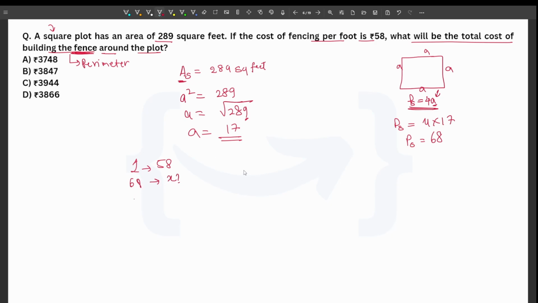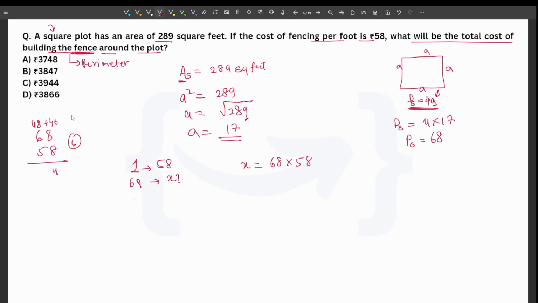Okay, so just again, what you need to do, x is equal to 68 into 58. Again, apply this particular trick. 8 times 8 is 64, so 4, and 6 carry. Then we have 6 times 8 is 48, and 8 times 5 is 40.